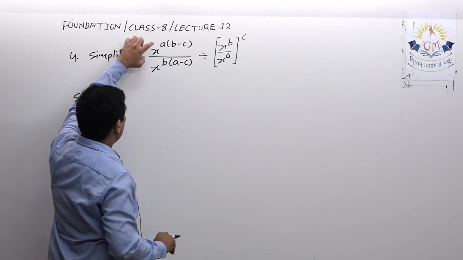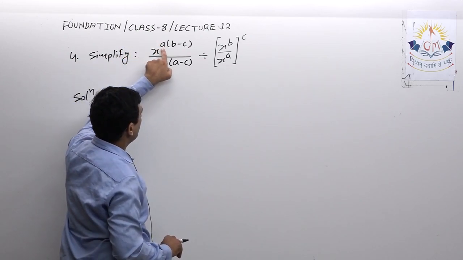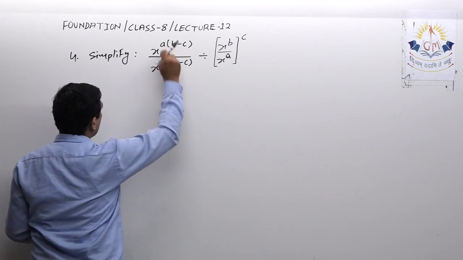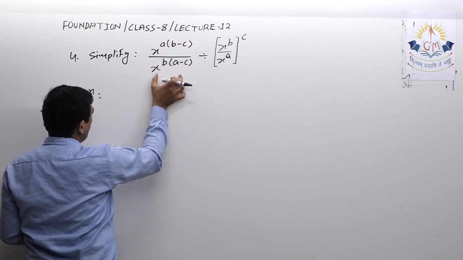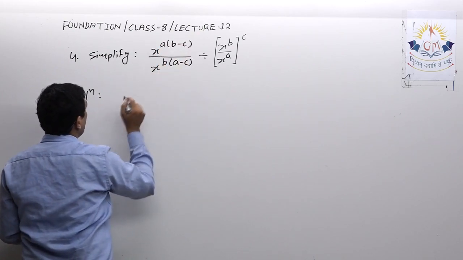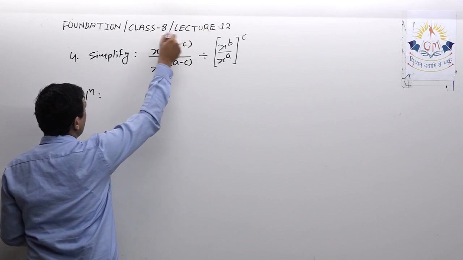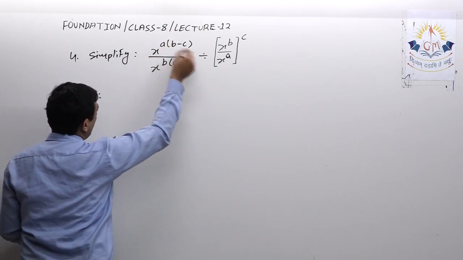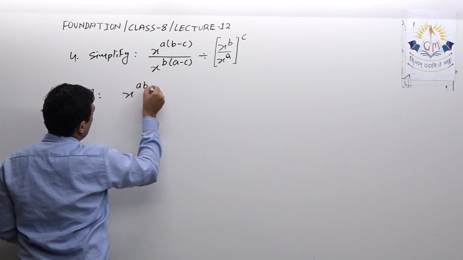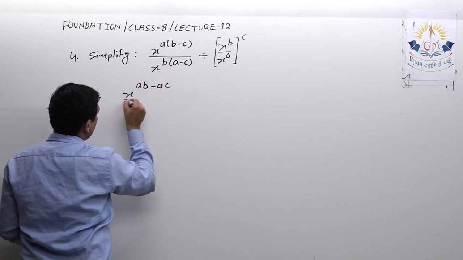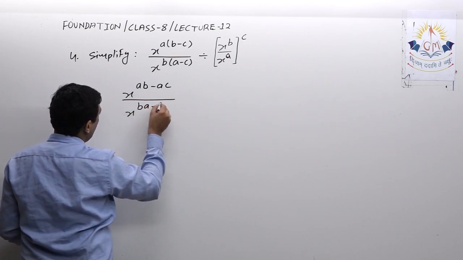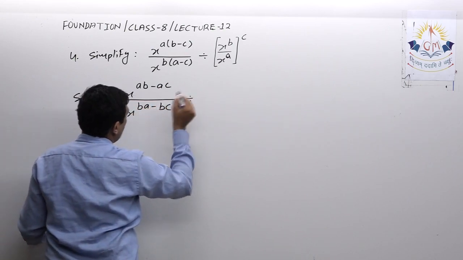So here first we'll open the bracket, that means multiply these terms, and then we'll apply the quotient law. Here x raised to m upon x raised to n, I can say x raised to m minus n, but before that it will be easy if I open the bracket. So first step: x raised to ab minus ac divided by x raised to ba minus bc divided by.